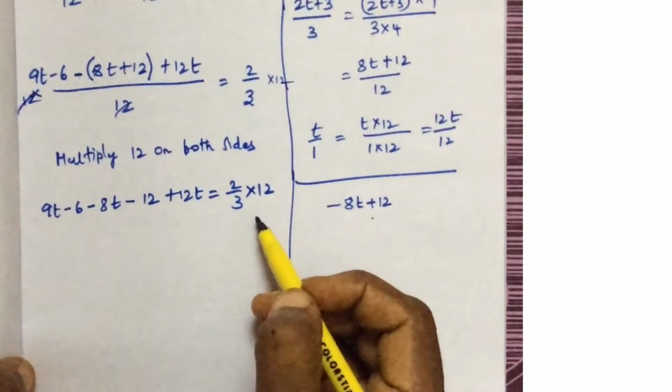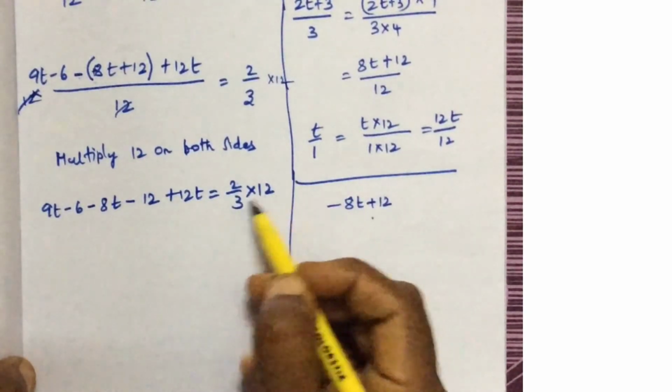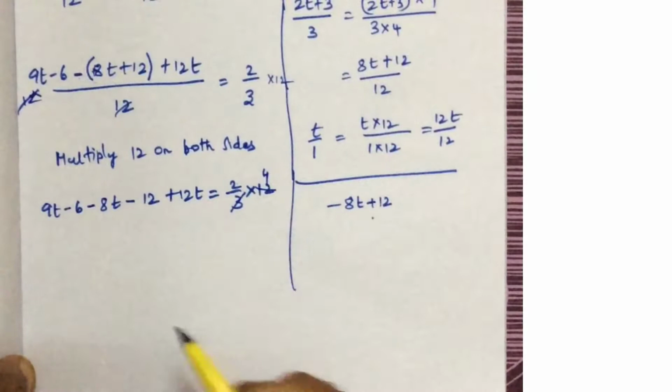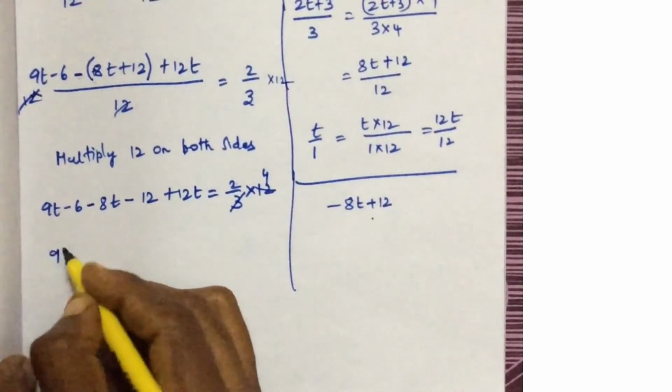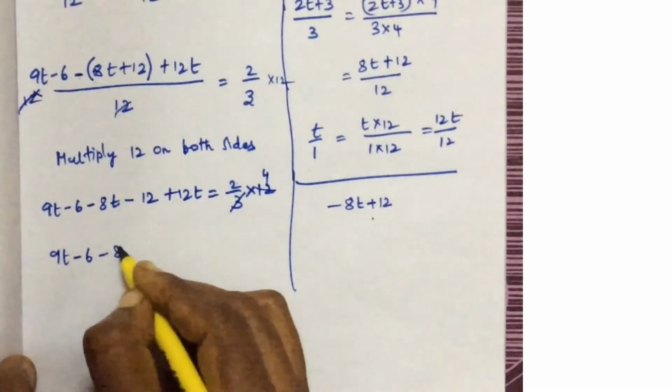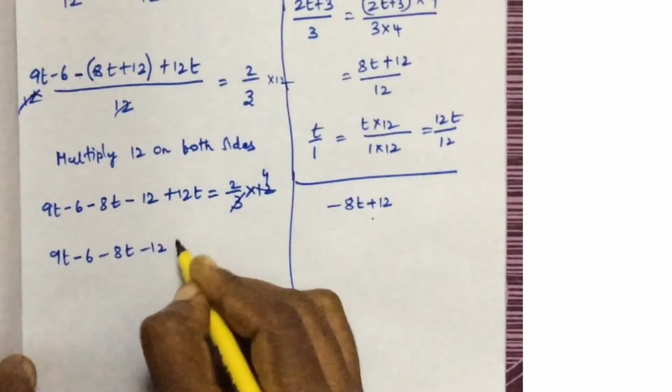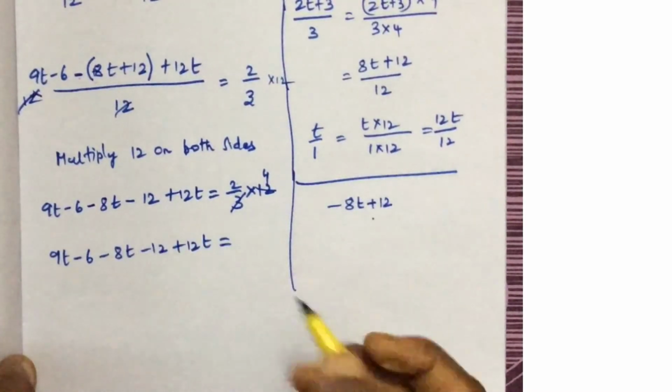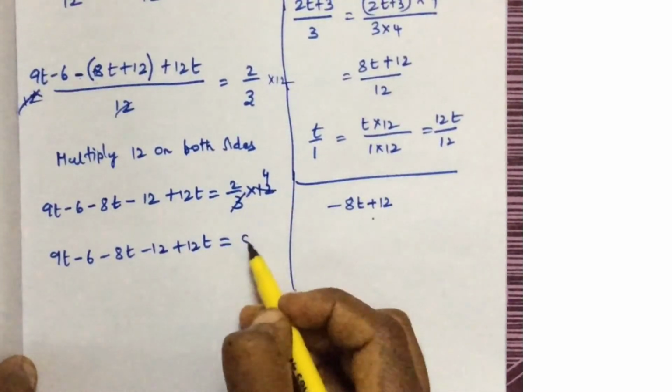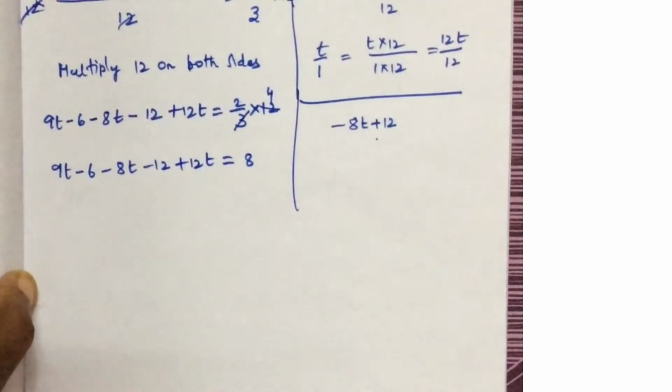So, now here 2/3 multiplied by 12, here you can cancel this, 3 4s are 12. So, what is the answer? 9t minus 6 minus 8t minus 12 plus 12t, that is equal to 4 multiplied by 2 is 8. Okay.